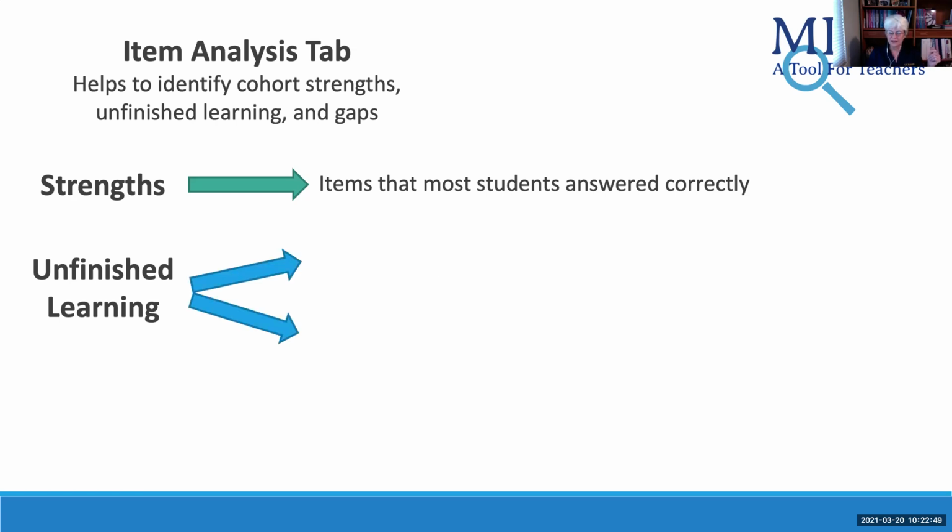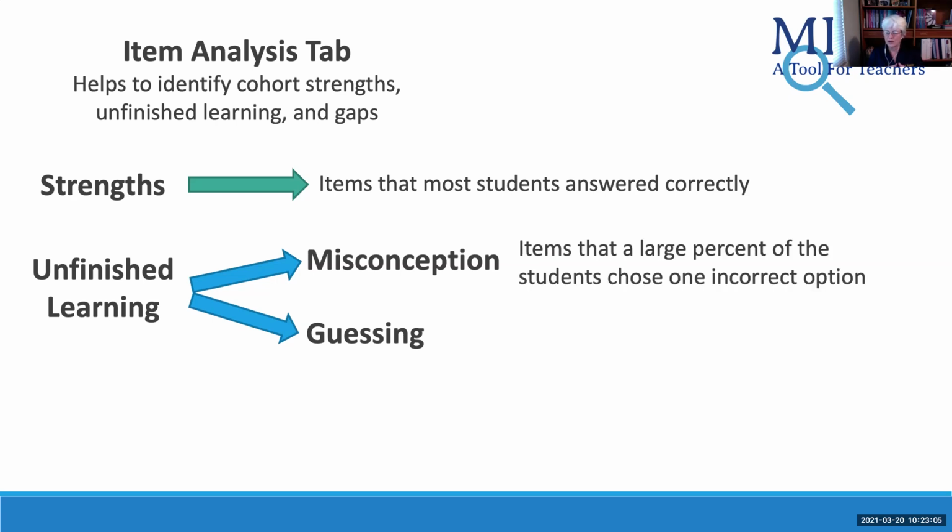In looking at the unfinished learning, there are two categories that we've looked at in defining that: when students have a misconception versus when students are doing informed guessing. In working with the modules, we want to look particularly at where students demonstrate misconceptions.